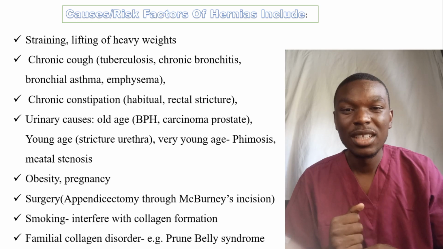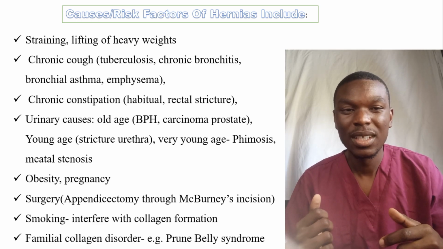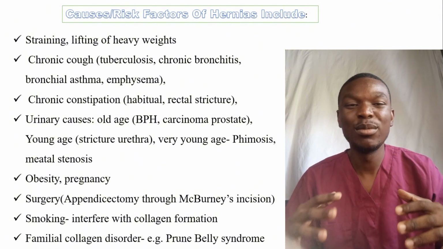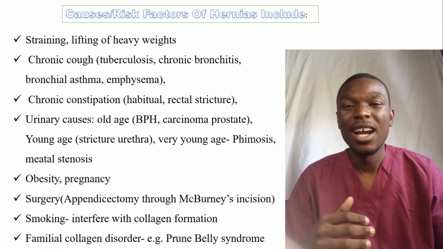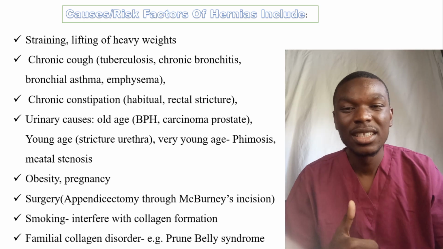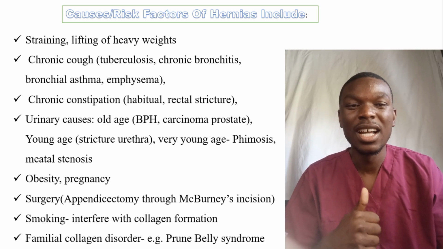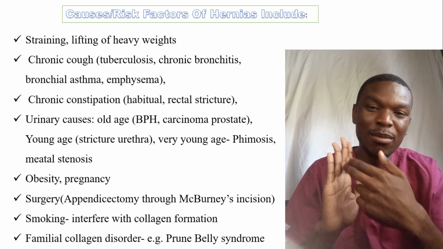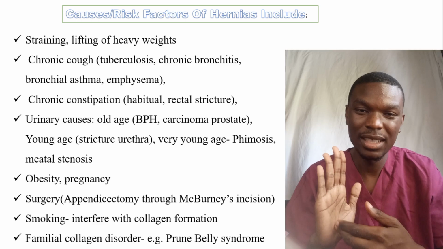And then another one is obesity. Pregnancy always increases abdominal pressure. Another cause would be surgery. For example, someone had an appendectomy. So because they have opened the abdomen, there's weakness there.